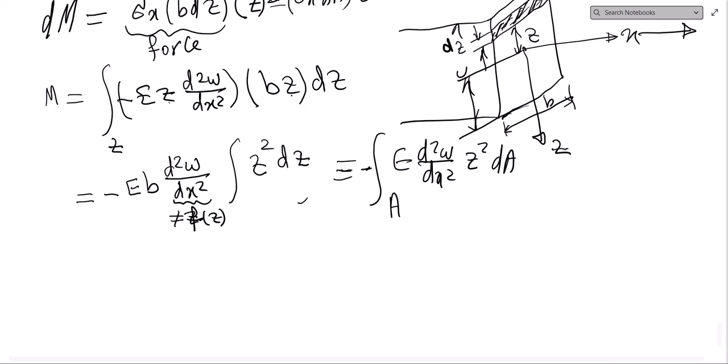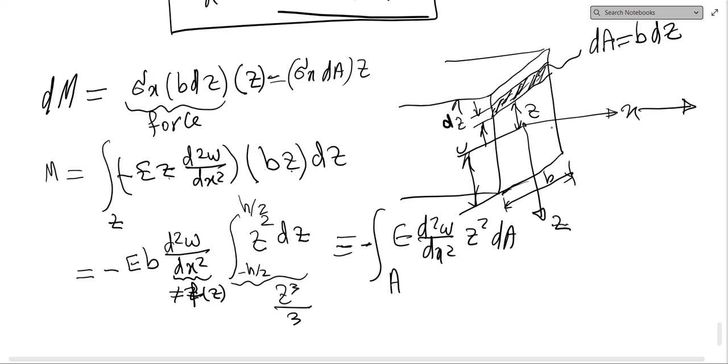So this integral is z to the power 3 over 3. But what are the limits of the integral? From minus h over 2 to plus h over 2, because I consider this the neutral axis and the whole thing is h.